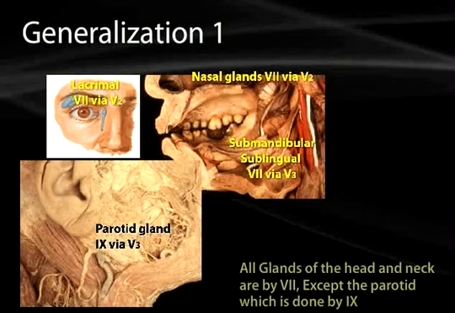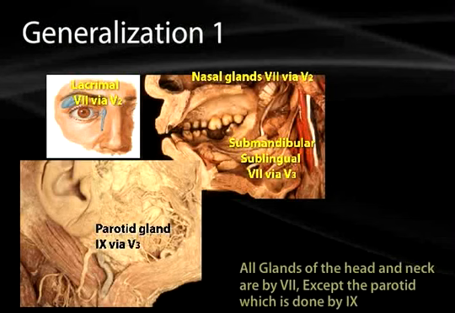So let's start with the lacrimal gland, which is innervated by cranial nerve 7. The nasal glands, all of which are innervated by cranial nerve 7. The lacrimal is getting innervations from the communicating branch that's coming up from the pterygopalatine fossa, and the nasal glands are also getting parasympathetics that are coming from cranial nerve 7 as a result of the greater petrosal.